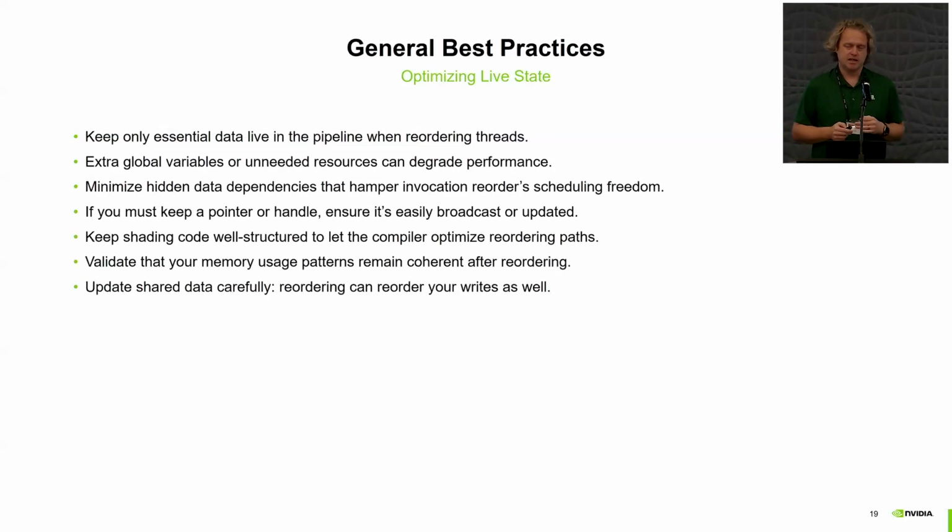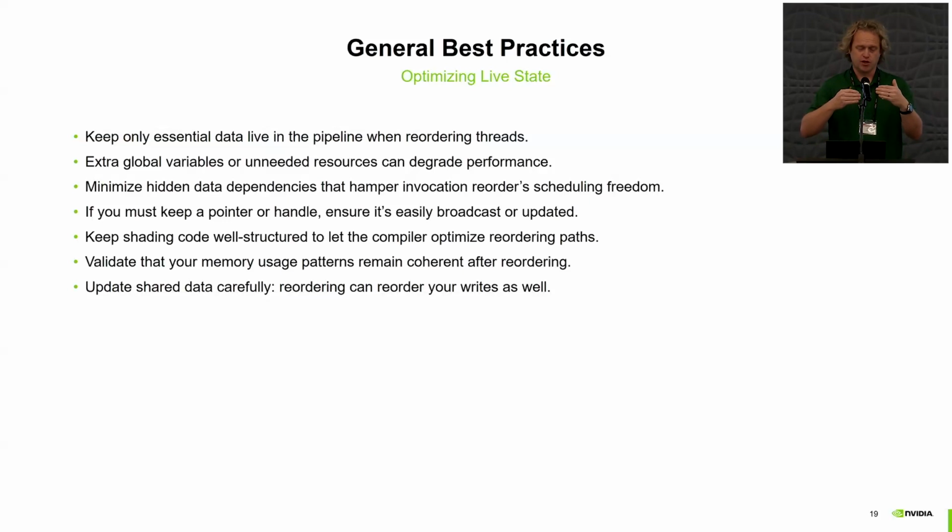Live state is very important. Live state's important today already for ray tracing pipelines, because if an implementation is choosing to reorder, it already has to deal with the live state across the reorder call. But now that we have this explicit reorder point, it's even more visible to the application where it's important to optimize the live state.